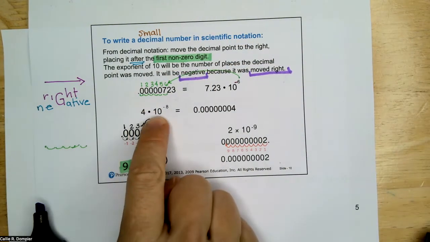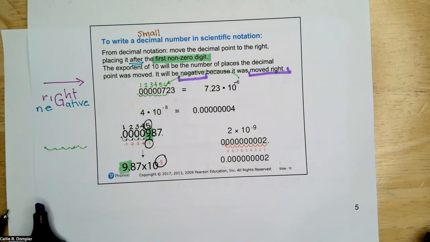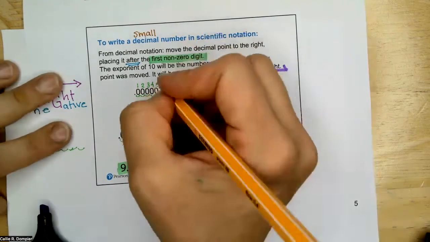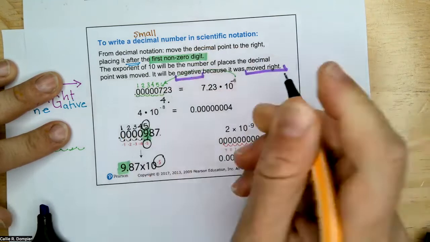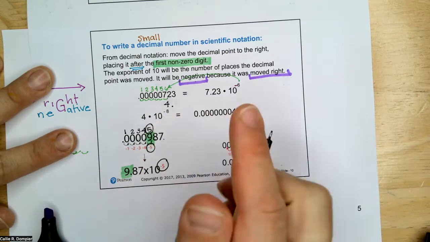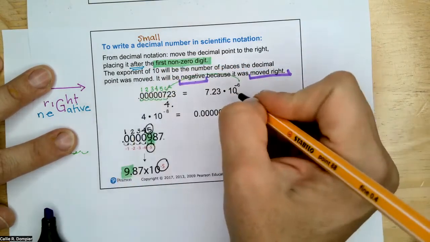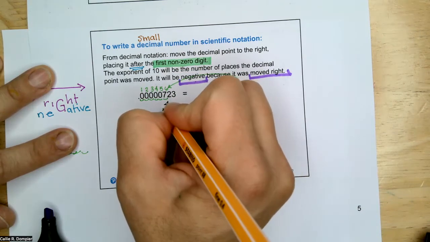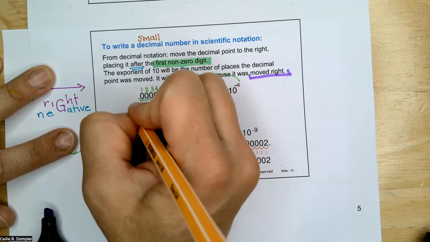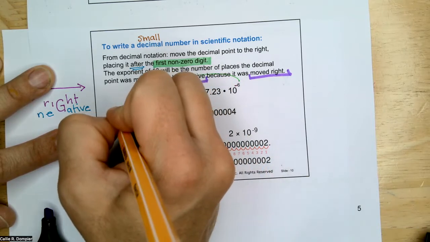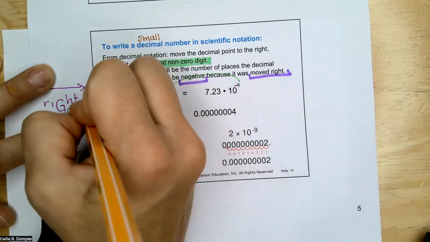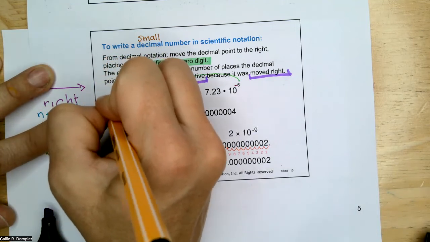Okay, 4 times 10 to the negative 8. Sorry, I'm not even reading it correctly. Let's think about that. My decimal point's right here. It's already been multiplied by 10 to the negative 8, so let's move it 8 places forward, right? 1, 2, 3, 4, 5, 6, 7, 8.